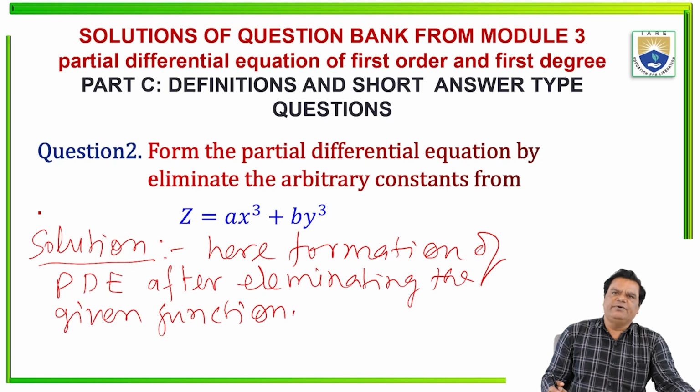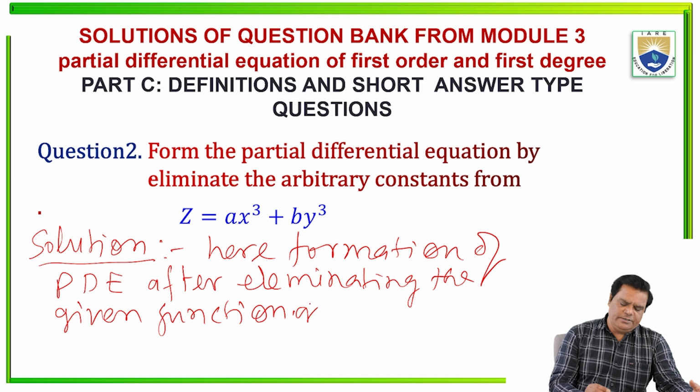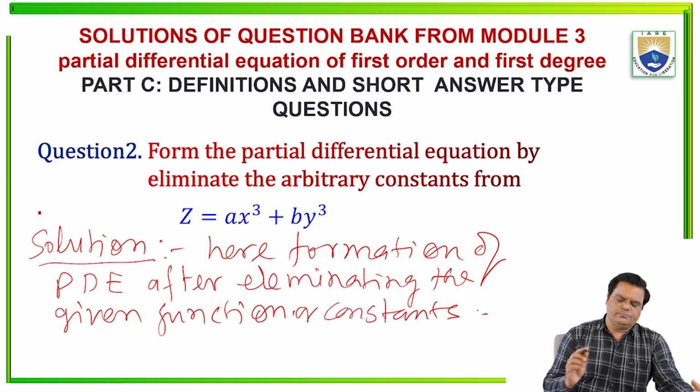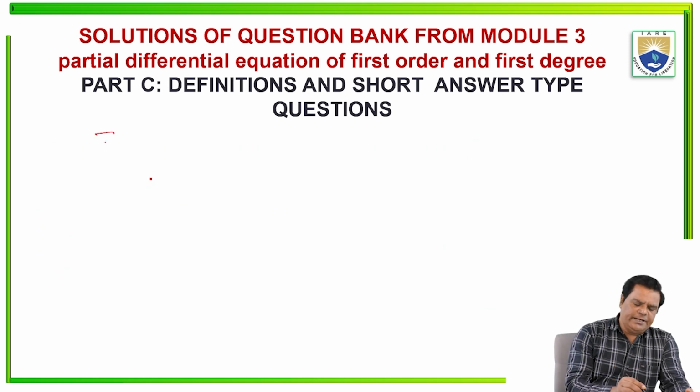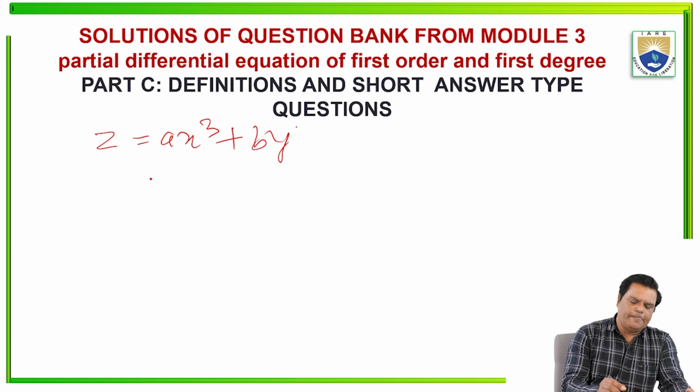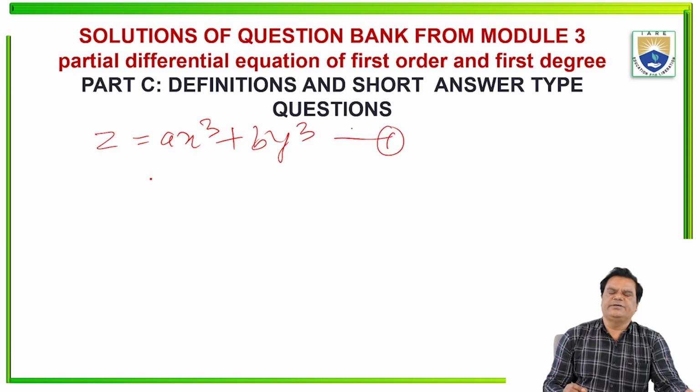Now the function is given: z equals ax³ plus by³. This is equation 1.